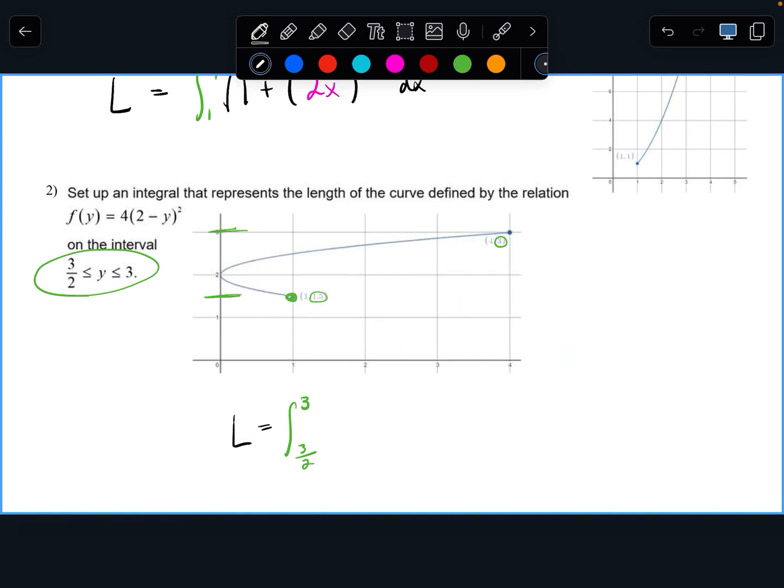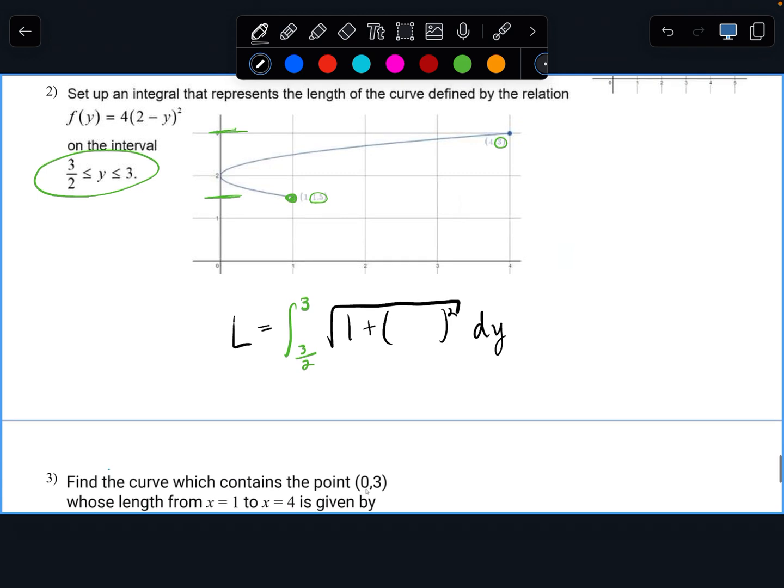I'm doing the Pythagorean theorem because I have to add up all those little tangents. It's going to be 1 plus the derivative. Whoops, I almost died, I put dx. I'm going to do this in terms of dy because I'm doing all y stuff.